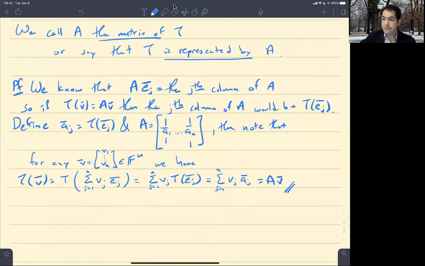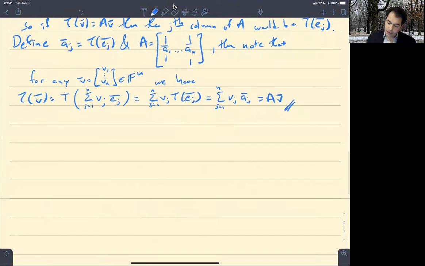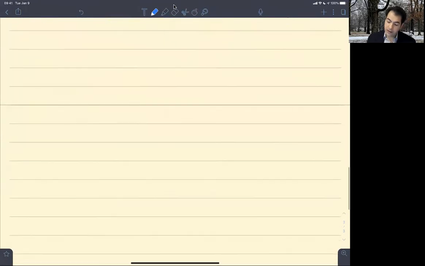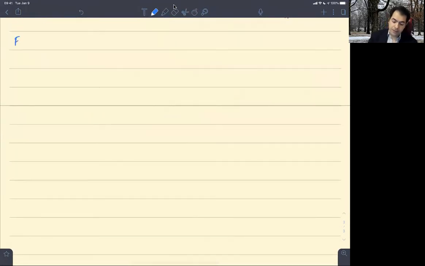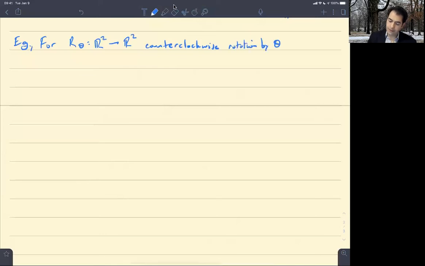Okay, let's look at an example. So here's one of those maps that we defined geometrically. Take R theta as the map from R2 to R2 that rotates around the origin counterclockwise by theta. Okay, so it's a linear map.